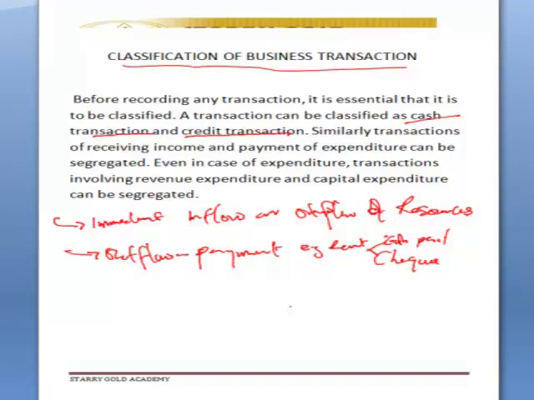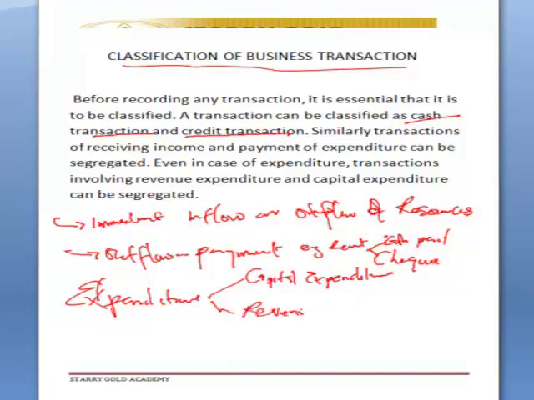Even in the case of expenditure, we can segregate it into two, although we'll be coming to that. We have what we call the capital expenditure, and we have what we call revenue expenditure.